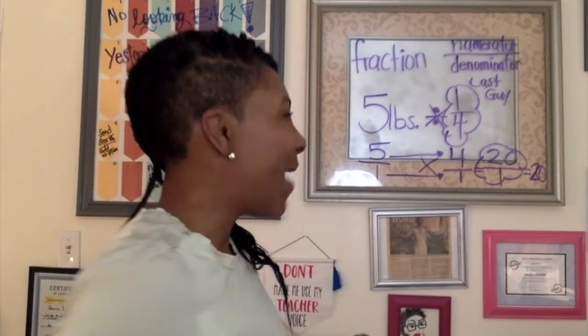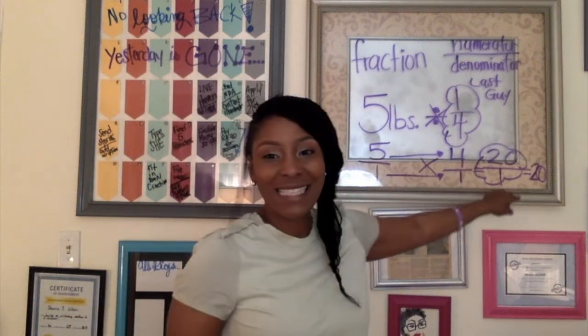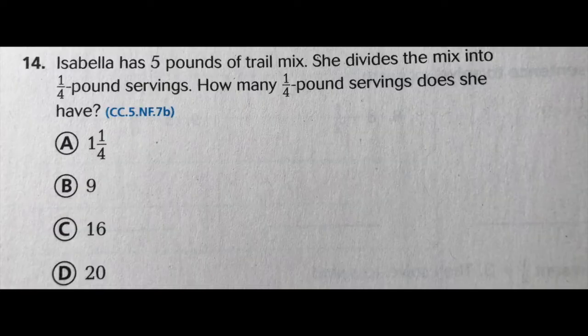We just did the math. We ended up with 20/1, which is the same thing as 20. So how many 1/4 pound servings does Isabella have? You're right. She has 20 1/4 pound servings to be able to share with her friends.